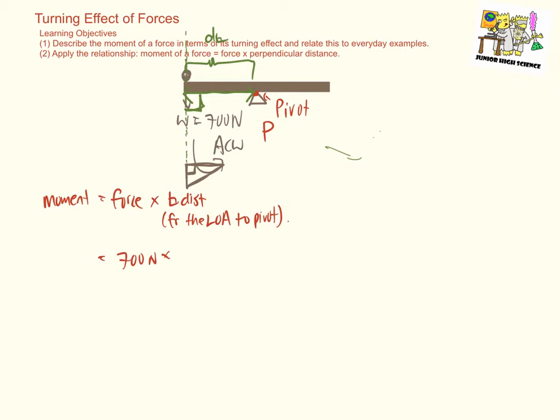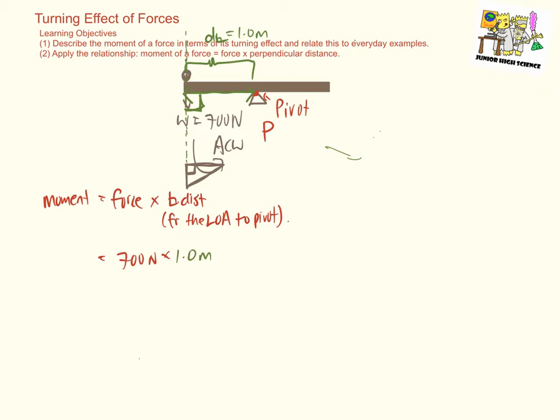So say the length of the seesaw is 2 meters, half of the length will be 1.0 meters. Therefore, the perpendicular distance from the line of action of the force to the pivot in this scenario caused by weight is 1.0 meters.